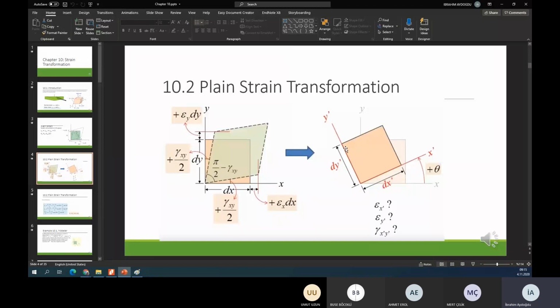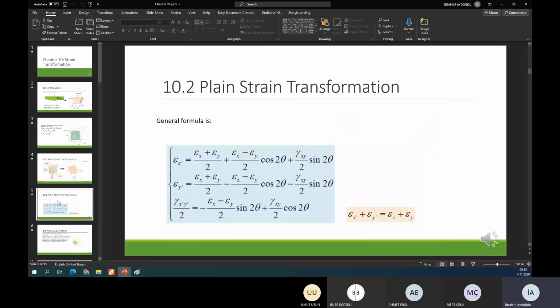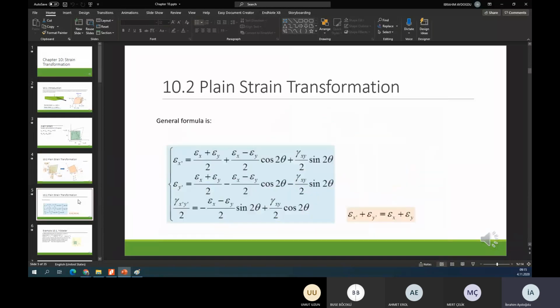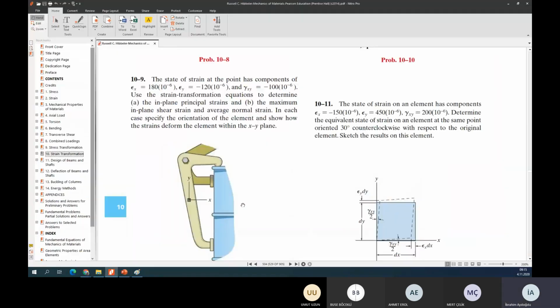I don't want to go into the proof, but the proof is a little different from stress transformation. For stress transformation, we use the equilibrium equations, but for strain transformation, we use the geometrical properties.